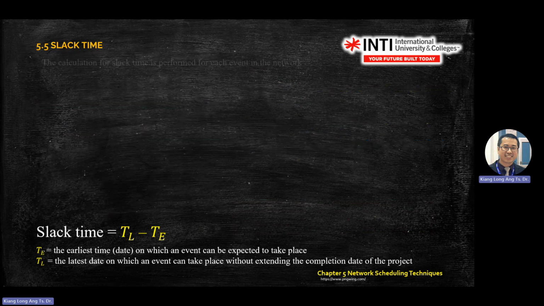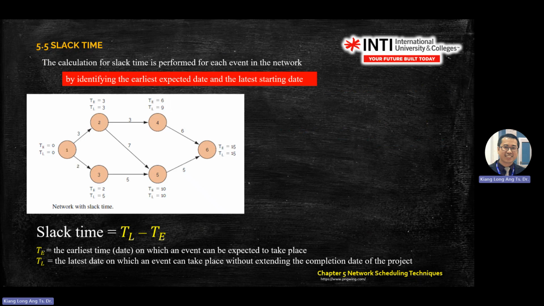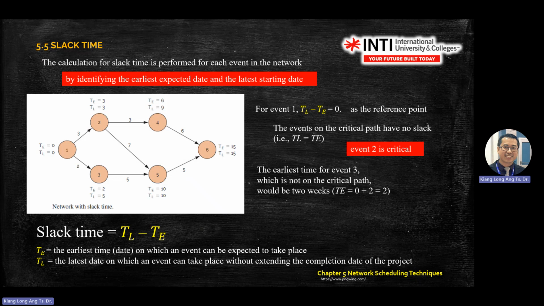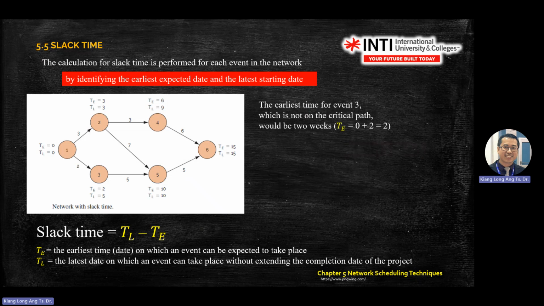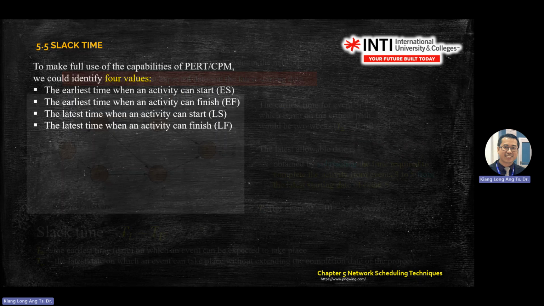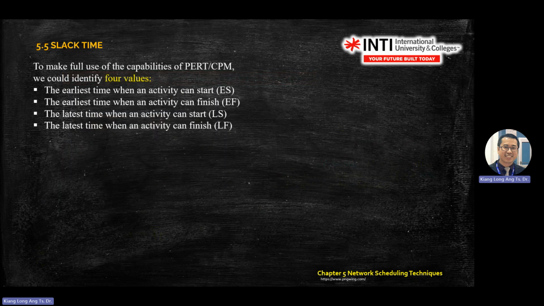Okay, the rest you read. This one, calculating the slack time, you already know how to do. This one might be a bit messy, but if you build the 6 boxes, basically you arrive at the same number. In the 6 boxes, you have ES, EF, LS, LF.